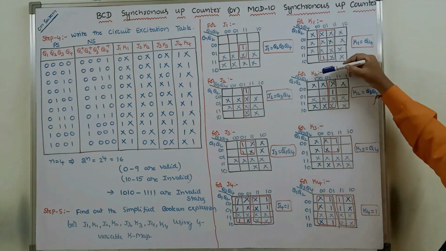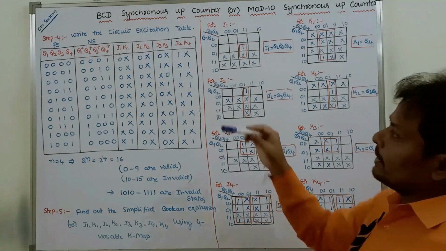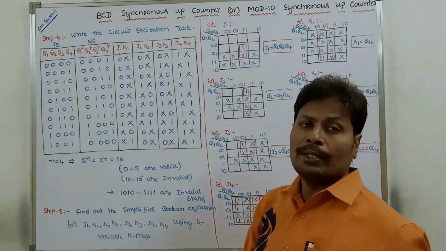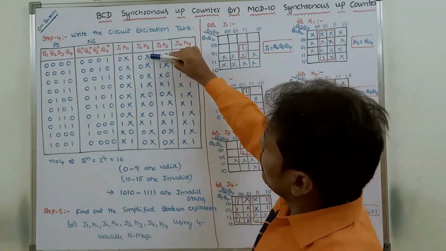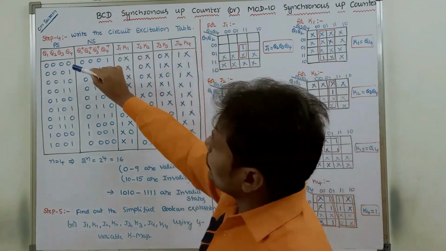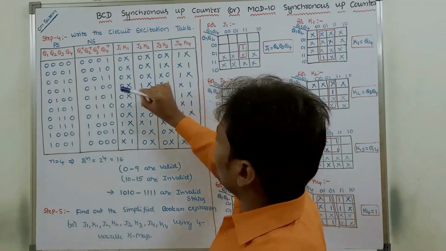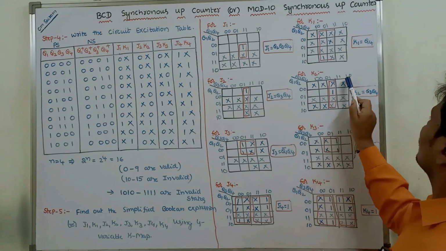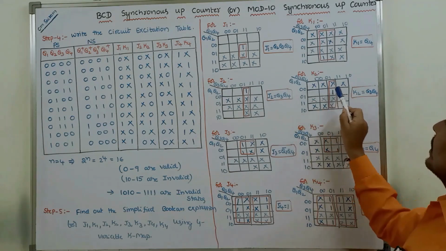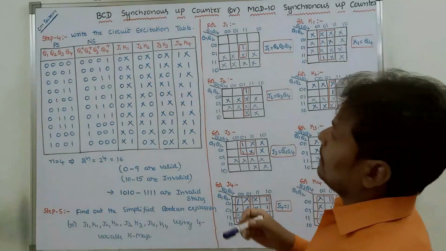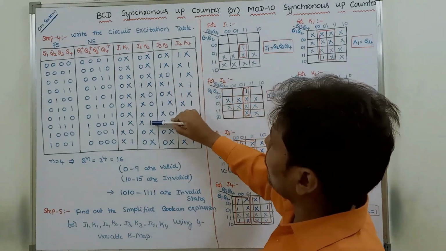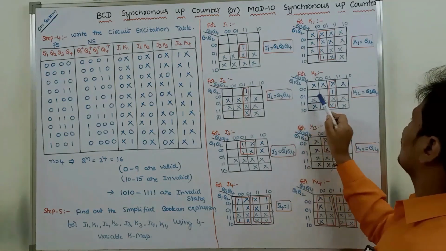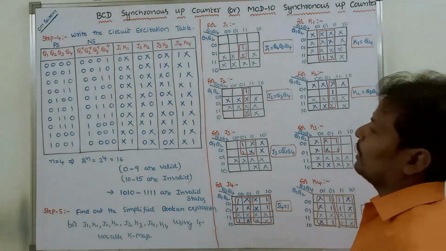Next, for K2, identify the K2 column and observe the ones and don't cares. Here, the don't cares start with 0, 0, 0, 0 and end with 0, 0, 1, 1. The first row is filled with don't cares. Next, here 1 is there, the corresponding input combination is 0, 1, 1, 1, we are placing 1.